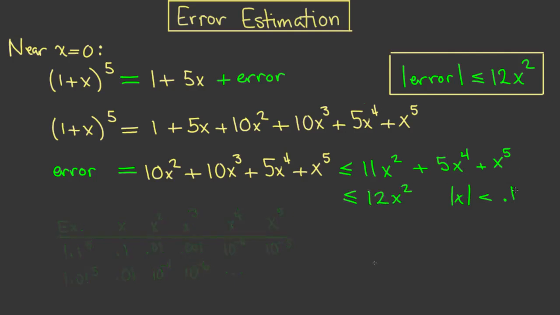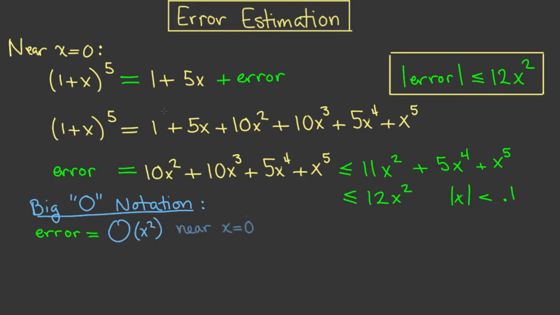So now we have to introduce a notation, big O notation. What I say is that this error function is big O of x squared near x equals 0. The big O stands for order of magnitude. And what we mean is that the dominant term is x squared, and all the higher order terms are negligible in comparison.